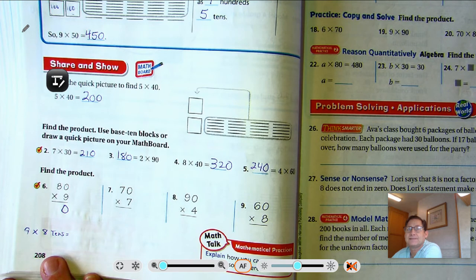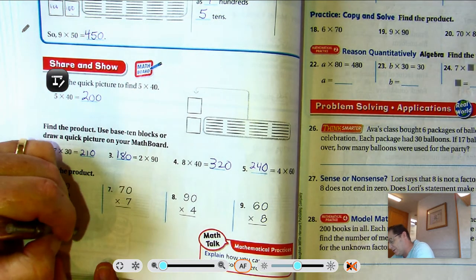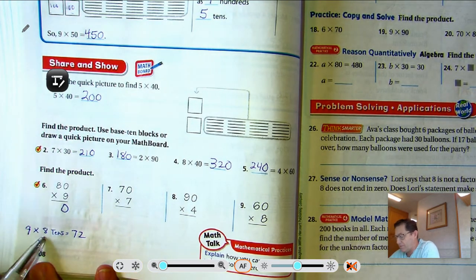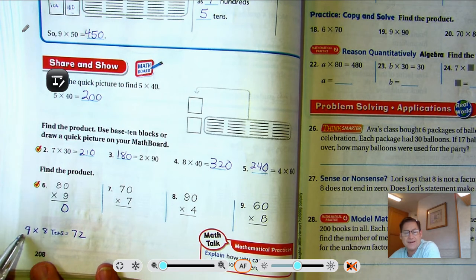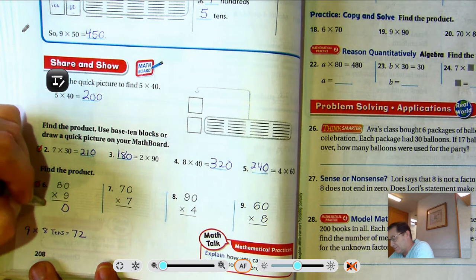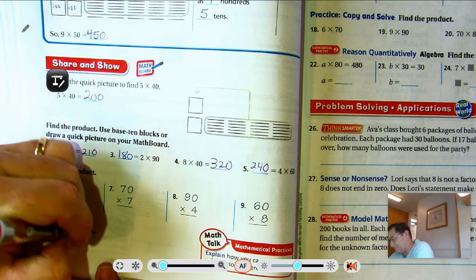Well, 10 times 8 is 80. So if we take away 8 from 80, that would be 72. So 9 times 8 is 72. Also, remember that whatever I multiply by 9, the tens digit is always one less than what I'm multiplying the 9 by. And the sum of the digits has to be 9. So, right, so 720.